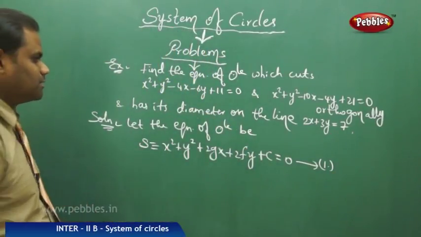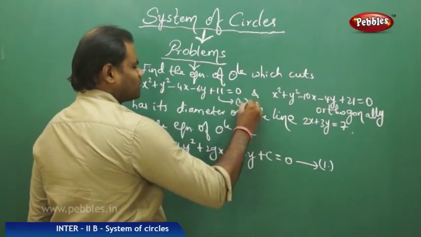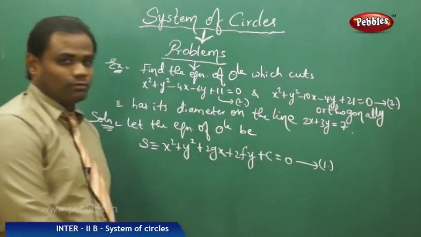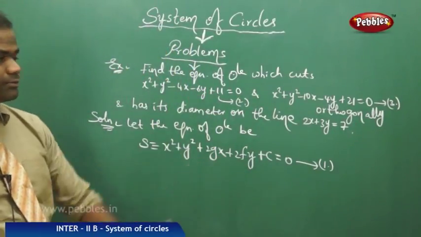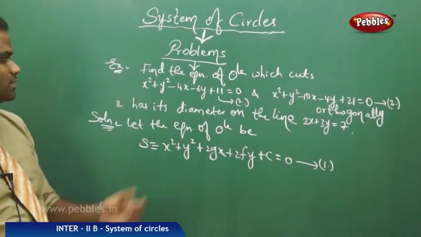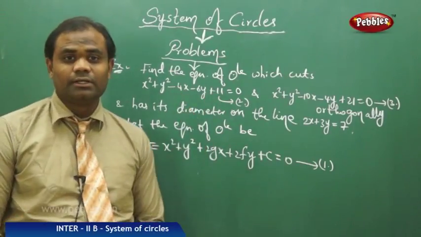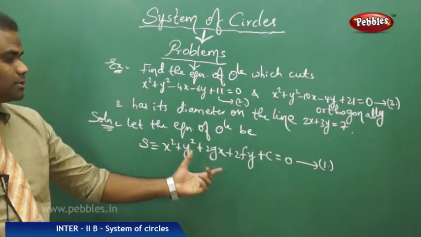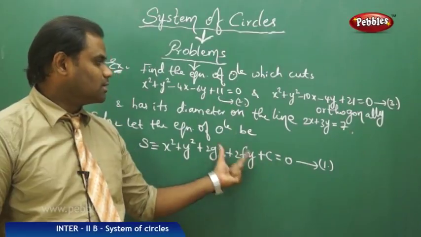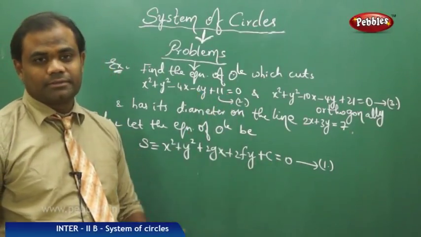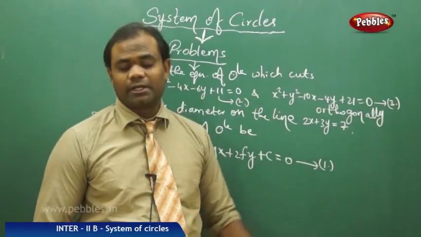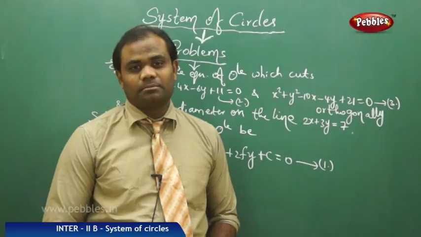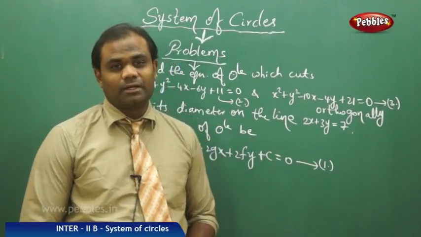And next I take this as equation 2 and this as equation 3. So with three equations 1, 2 and 3, I use the condition that this circle is cutting this orthogonally. In general form, we have a formula or the condition for orthogonality, which I am going to apply in case of this circle cutting this at 90 degrees. Similarly, this circle cutting this at 90 degrees, I get one more orthogonal condition which I am going to apply. So let's see how we can apply that.